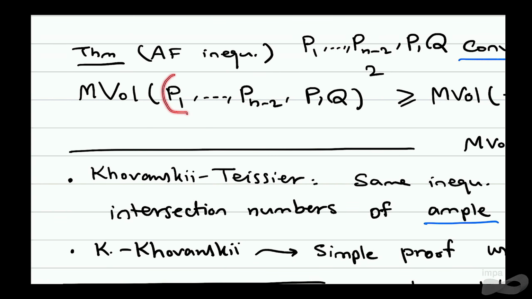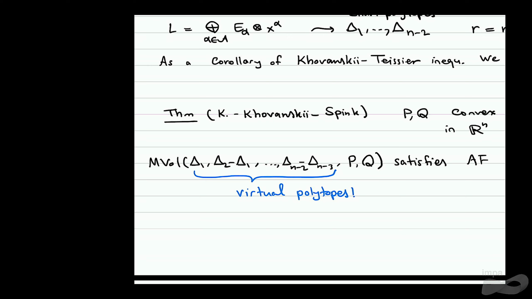So you have to have some positivity, which in our case means actual polytopes, not virtual polytopes. But here these are virtual polytopes, differences of polytopes. Nevertheless, we still have an Alexandrov-Fenchel inequality or reverse Cauchy-Schwarz inequality.